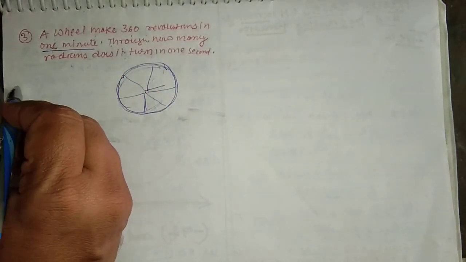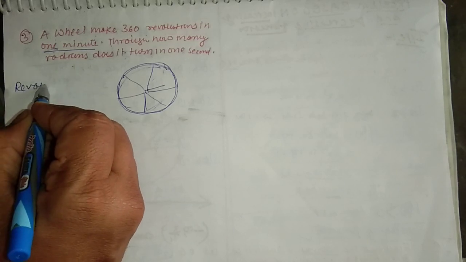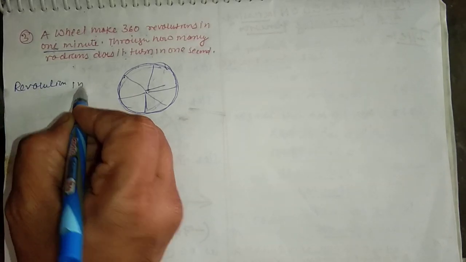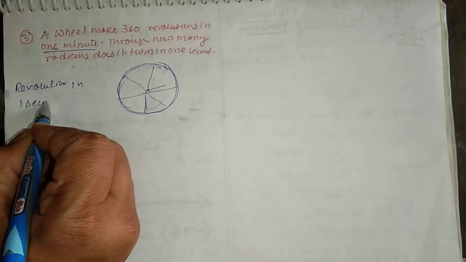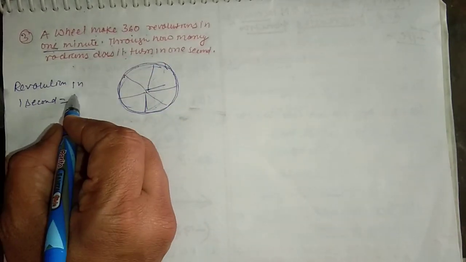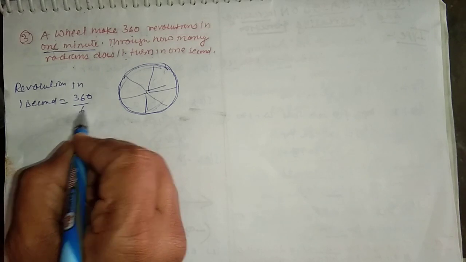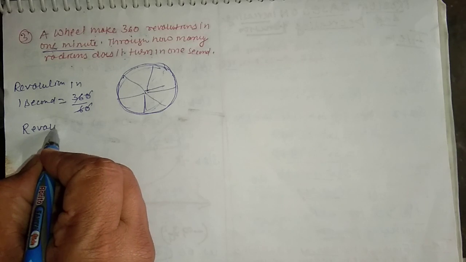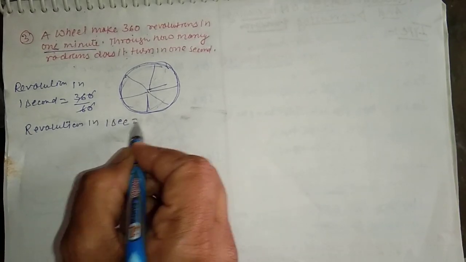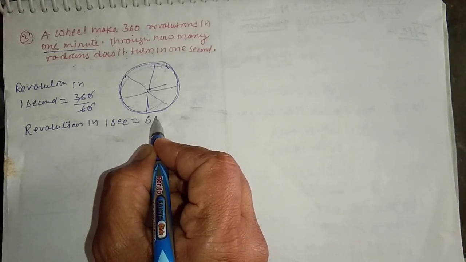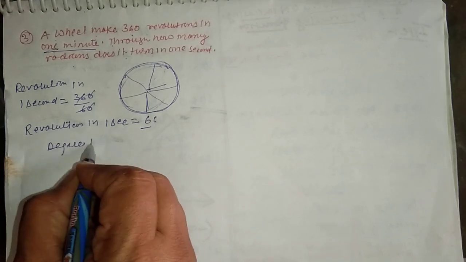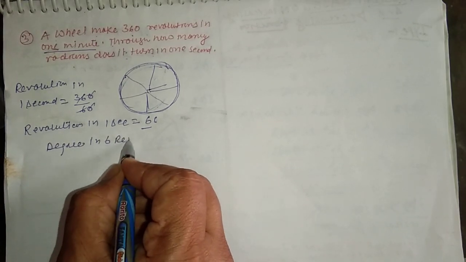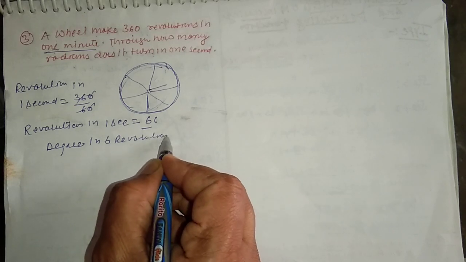So first of all we find the revolutions in 1 second. So 360 in 1 minute upon 60. So the revolutions in 1 second is equal to 6 revolutions. Now the degrees in 6 revolutions.